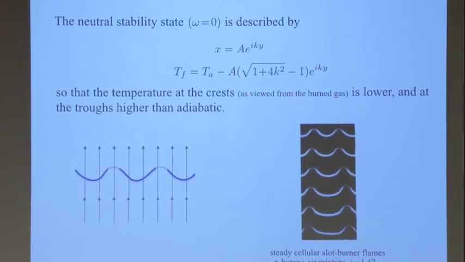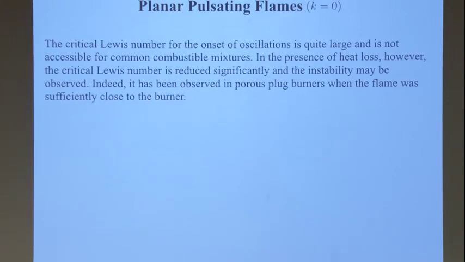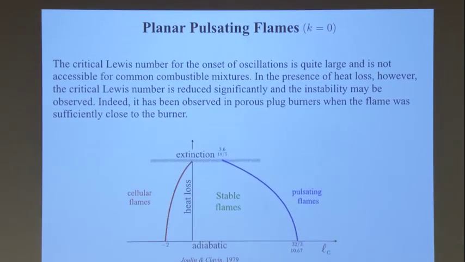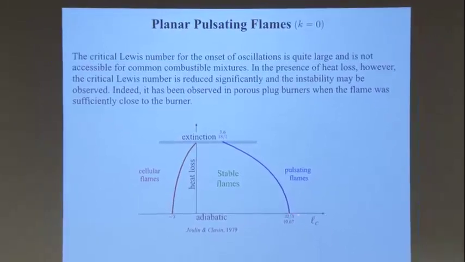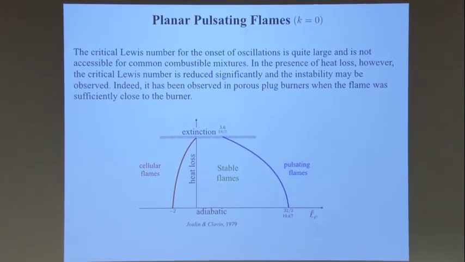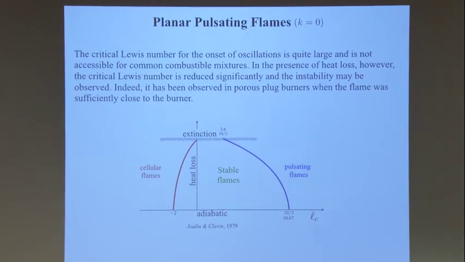Okay, this is a picture due to Markstein. And finally, I was just saying something about the pulsation. I told you that the critical number reduces when you introduce heat losses. So when you have heat loss here, you see that the number that was quite far now becomes here. So this is the range of the stable flame, and so it's easy to go slightly to the right and observe this pulsating flame on a burner.